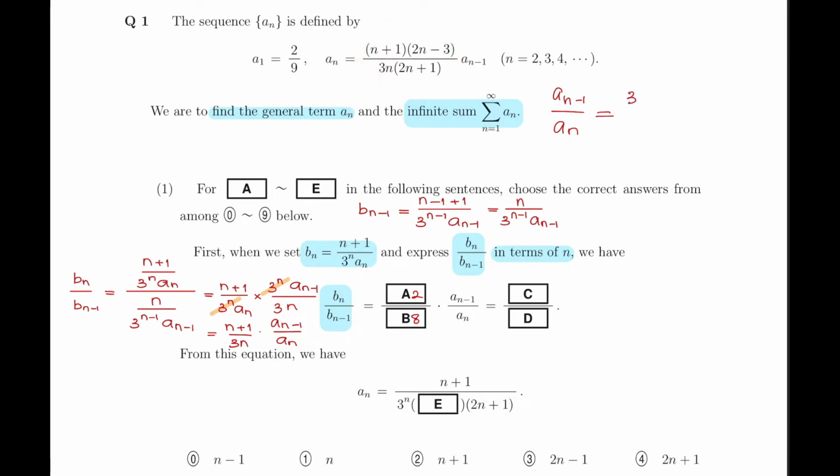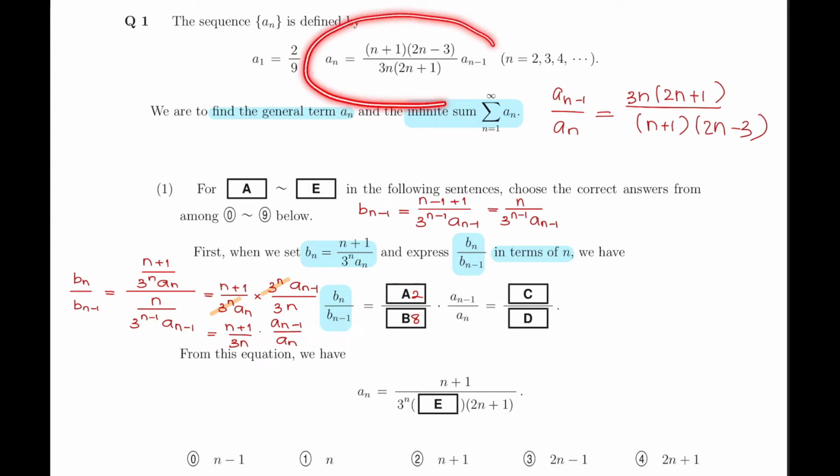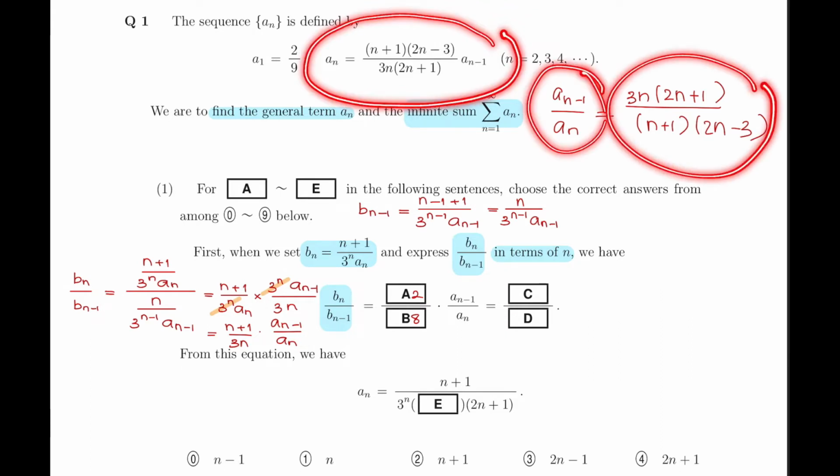And I get 3n(2n plus 1) over (n plus 1)(2n minus 3). So if I rearrange the equation into a(n minus 1) over an, I get this expression.